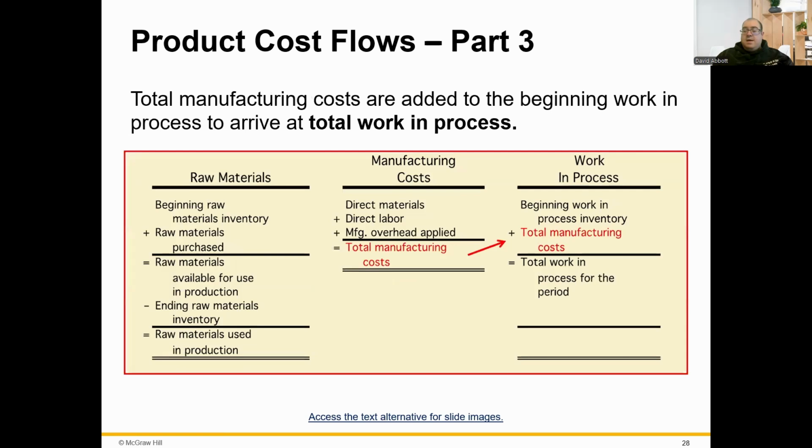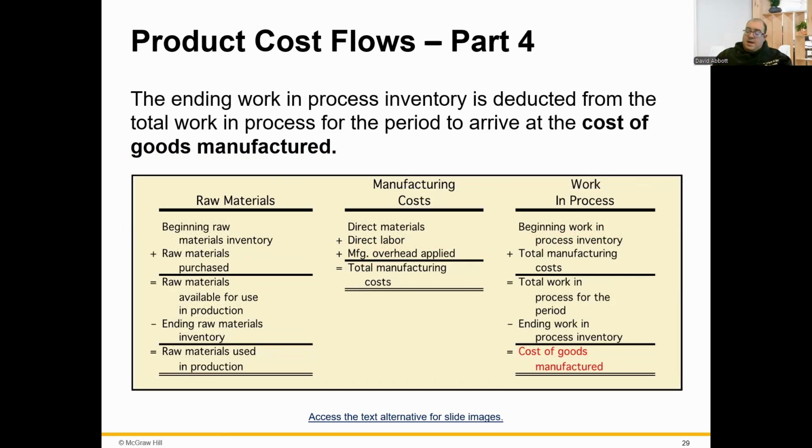And then with that, you're going to add that to the beginning work in progress inventory, and that will get you your total work in progress for the period. And then the ending work in progress inventory is deducted, and that will give you your cost of goods manufactured.